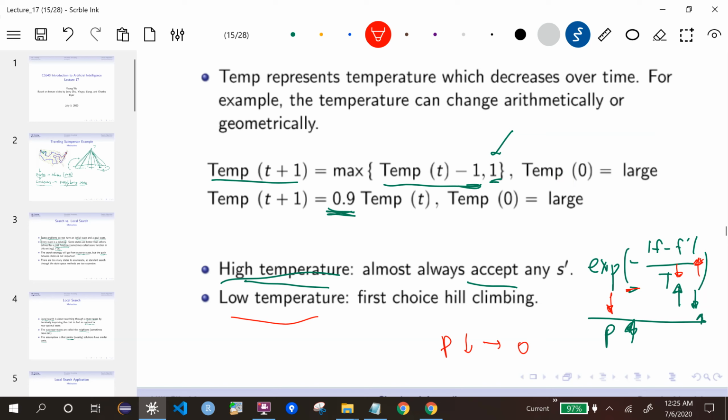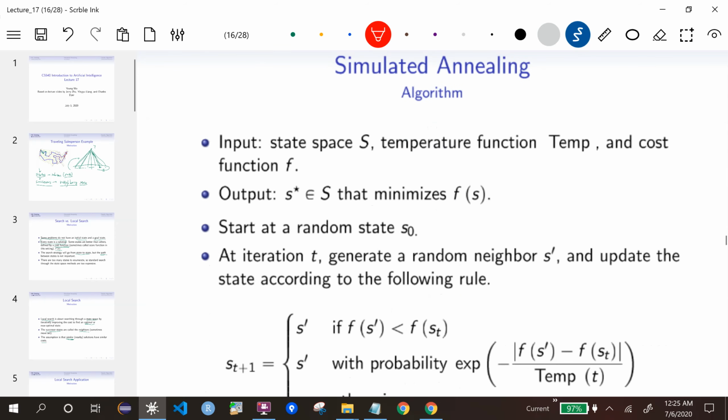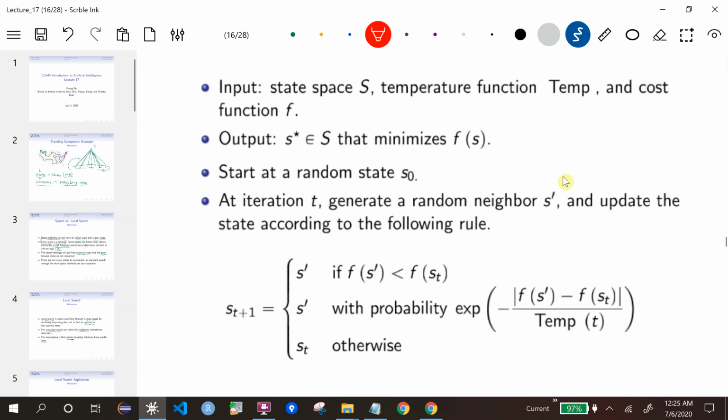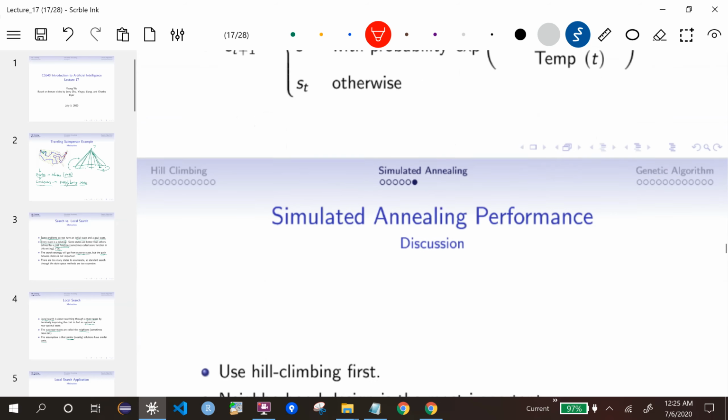When it is exactly 0, it means we're just trying random states and find the first one that decreases the cost. That's exactly the definition of first choice hill climbing. So when the temperature is low, near the end, we're just doing first choice hill climbing. And that's a page that summarizes this, and it's just combining the formulas.